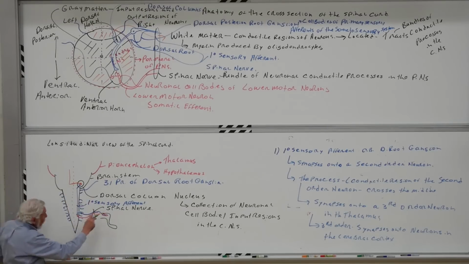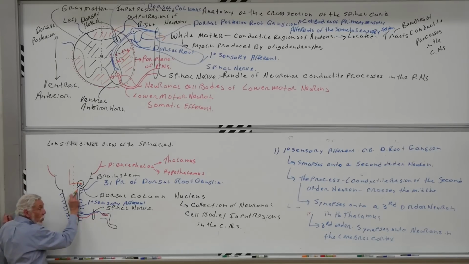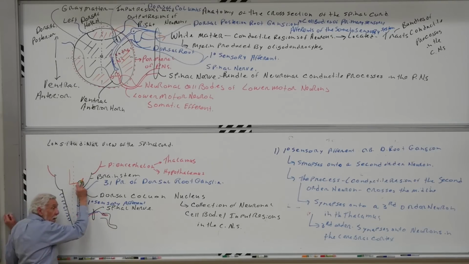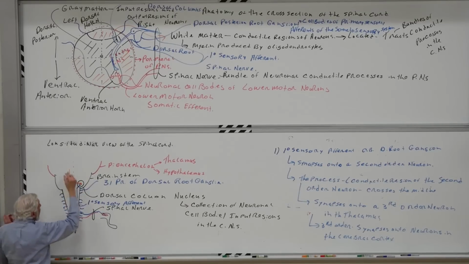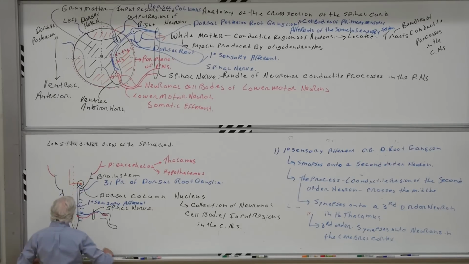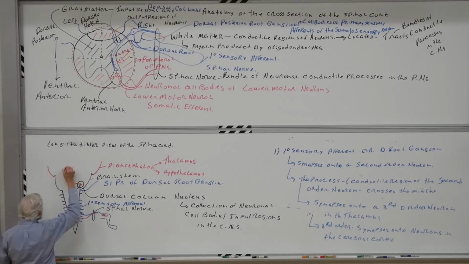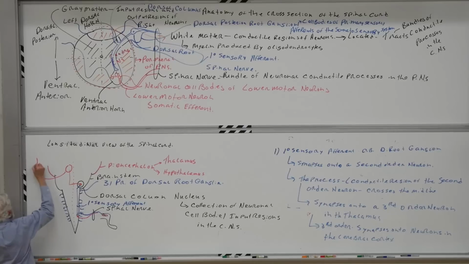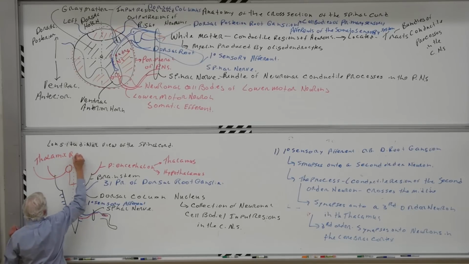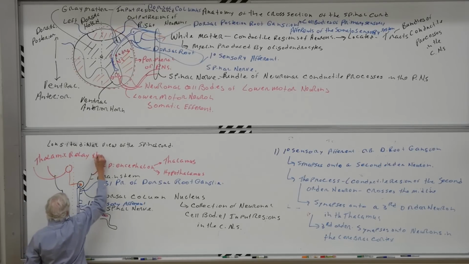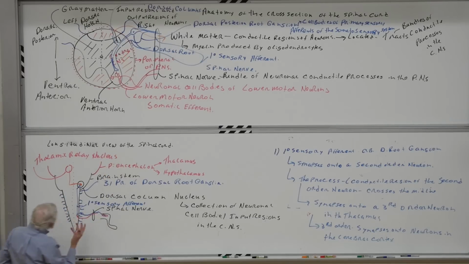So thank you. The primary sensory afferent enters the spinal cord, ascends the cord in the dorsal columns, and forms a synapse onto the second-order neuron. The second-order neuron crosses the midline and ascends into a region called the thalamus, called the thalamic relay nucleus. In the thalamic relay nucleus, again, we have the term nucleus.